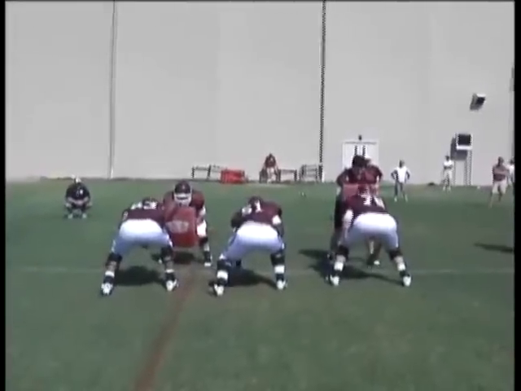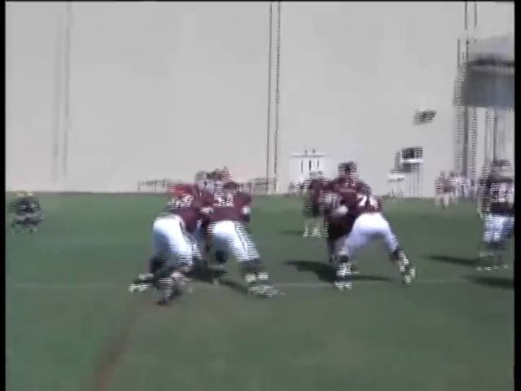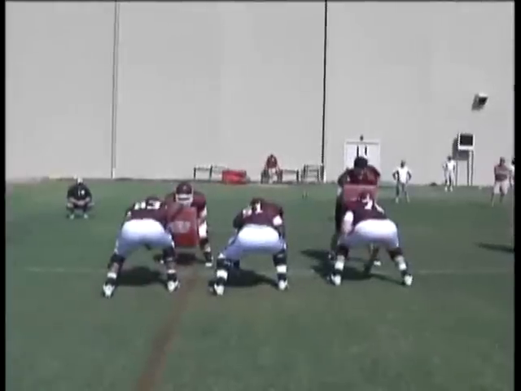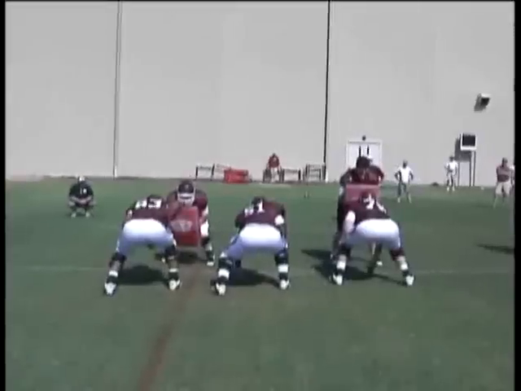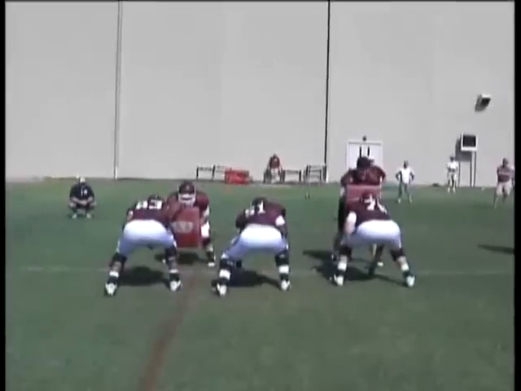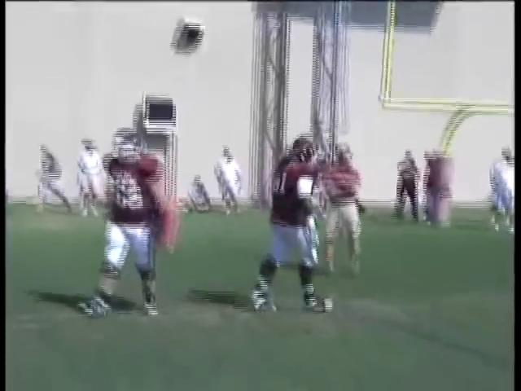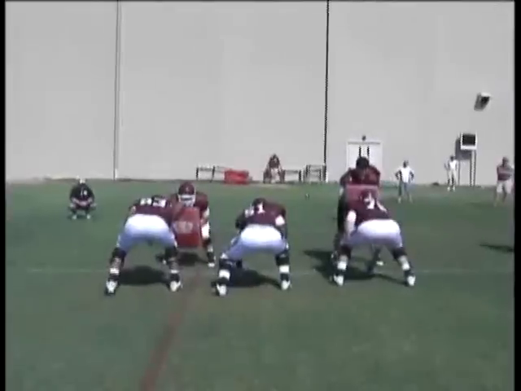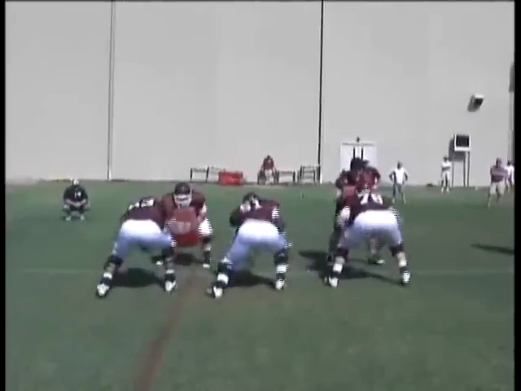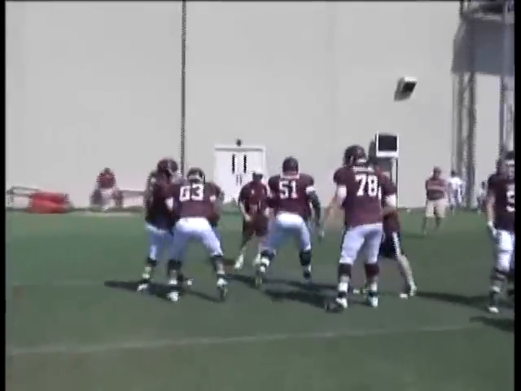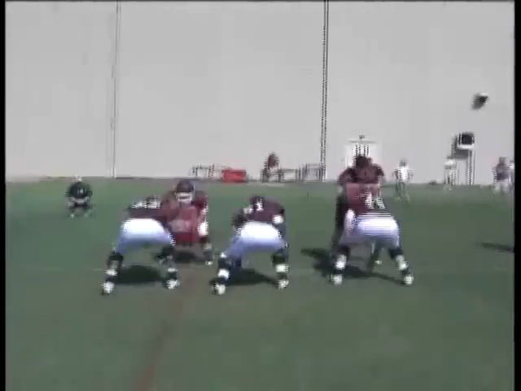Okay, here's a look at the three-man now. And again, this is a look at in tight zone. Okay? All you're doing right now is looking at the center and 51. So you're looking at 78 and 51. And this is really 78's the covered man, 51's the uncovered man, and this is a snap opposite.